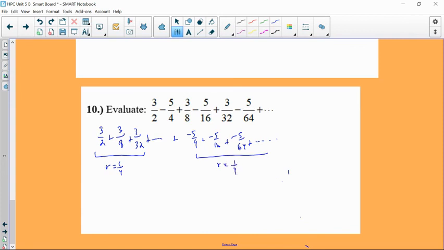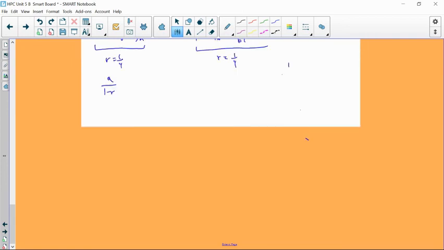So I would break this up into 2 sums. Since adding is commutative, it doesn't matter the order. You could rearrange them. So this would be A over 1 minus R with a starting term of 3 over 2 and then 1 minus 1/4.